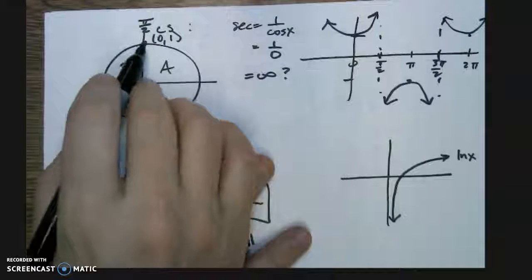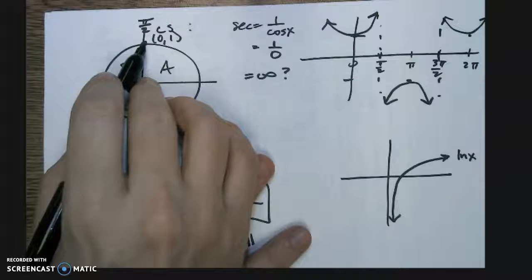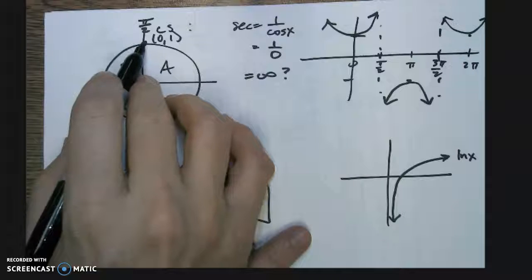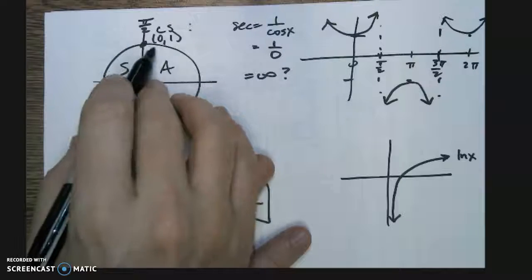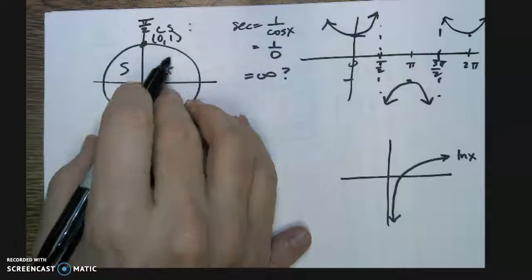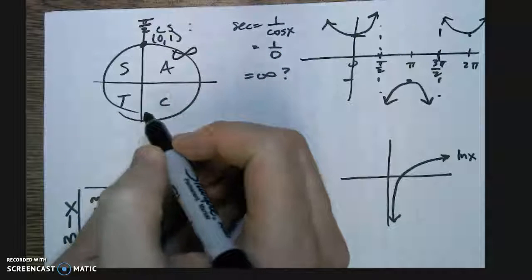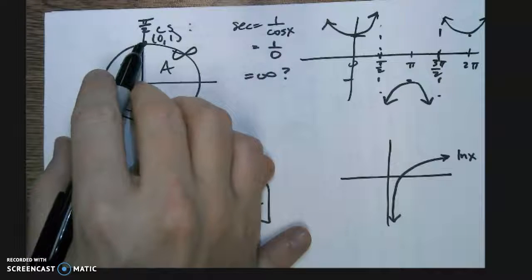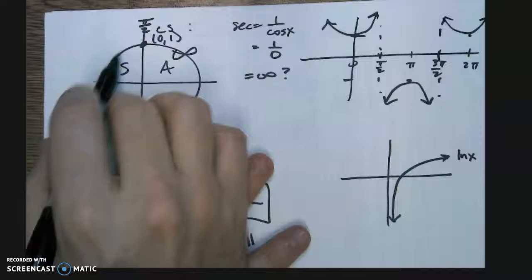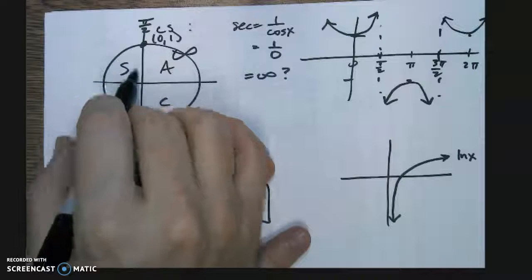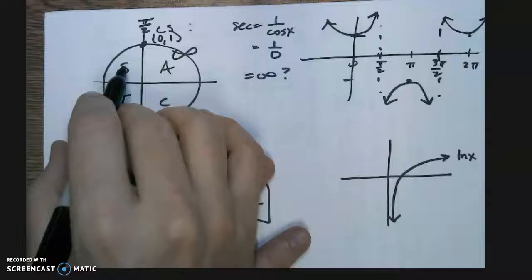So let's say we are to the left of pi over 2, meaning smaller, which would be quadrant 1. Everything's positive there. So it'll be positive infinity over here. If we look to the right of pi over 2, so values bigger than pi over 2, we see cosine is negative because this is the sine quadrant.